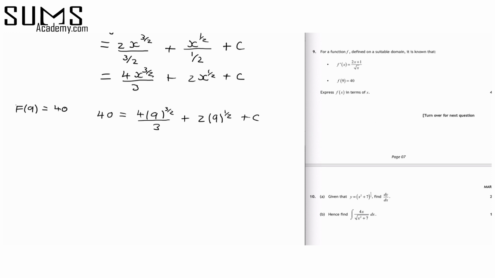Okay, so the next part, some people might be panicked by this term here, but if you simplify it down to ways you might have seen it before, this 2 is the root, so this is actually root 9 to the power of 3 all over 3, plus 2, and the square root of 9 is just going to be 3, isn't it?